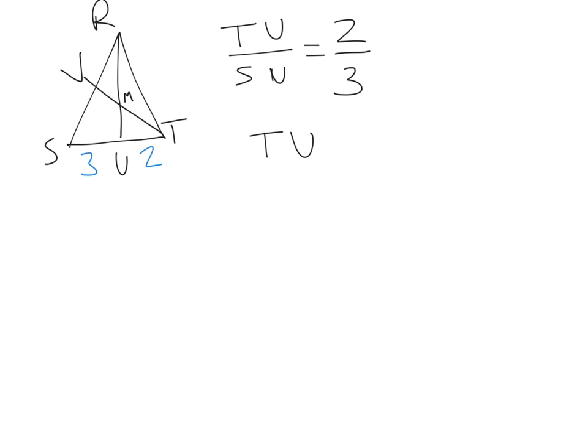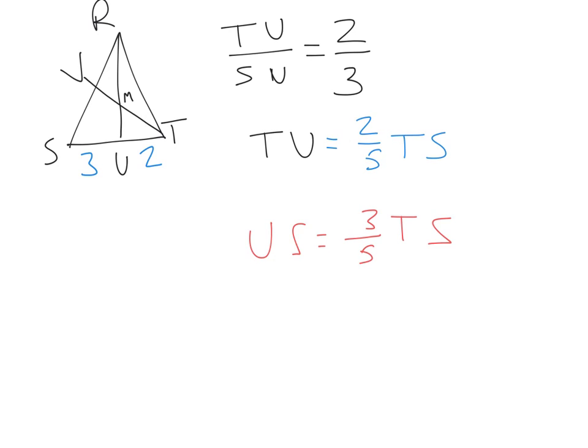So we know then that TU is 2/5 of the way to TS. It's 2/5 of TS. And then we also know then that US, this other one, is 3/5 of TS.